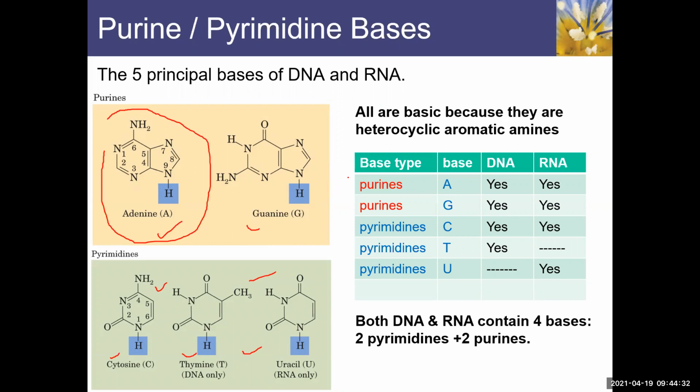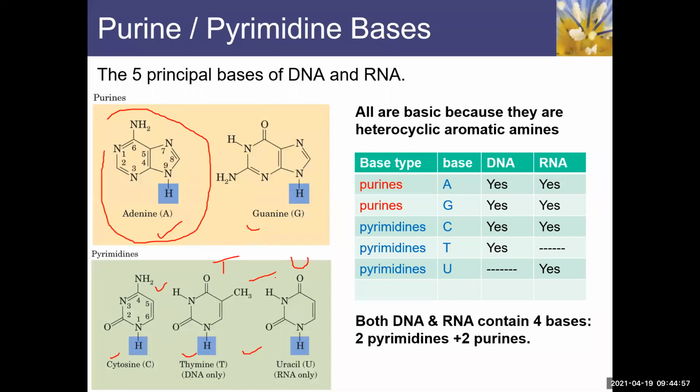Last time I told you, if I give you these two structures, you should be able to know that this is thymine and this is uracil. You can memorize these two. If I ask you what is the difference between the two, thymine and uracil are both pyrimidines, no doubt about that.